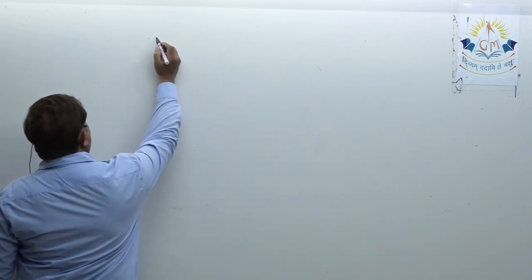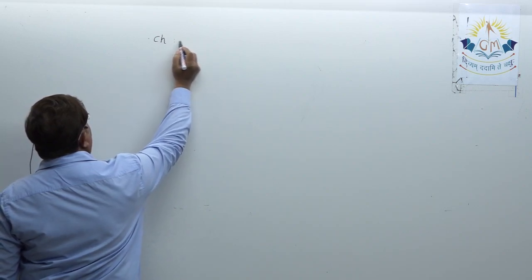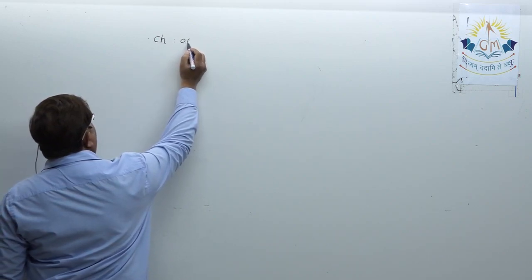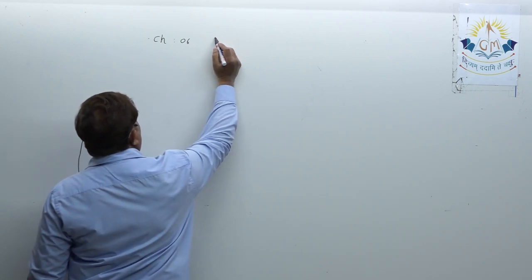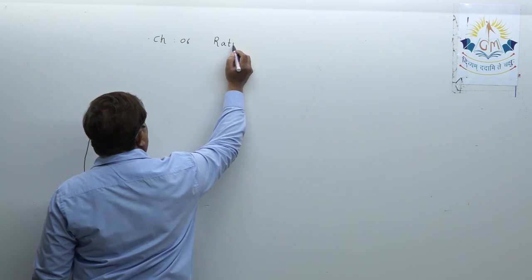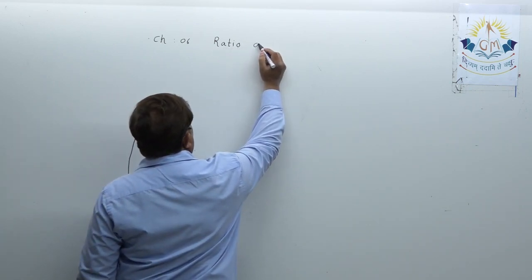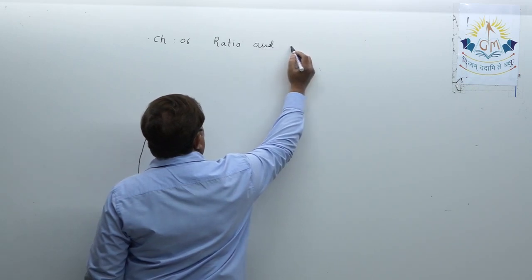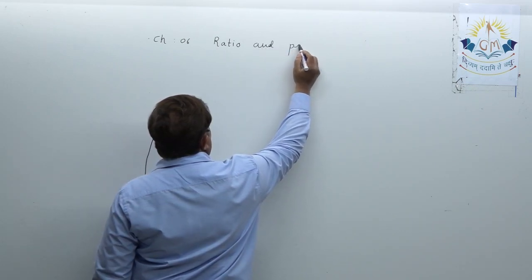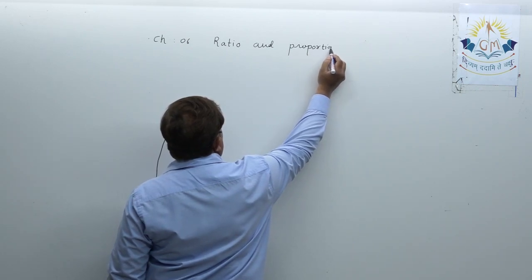Okay, so dear student, chapter number 6. Name of the chapter, as you all know, ratio and proportion.